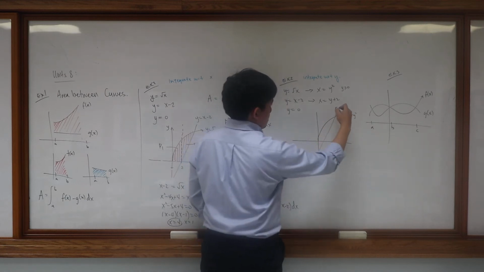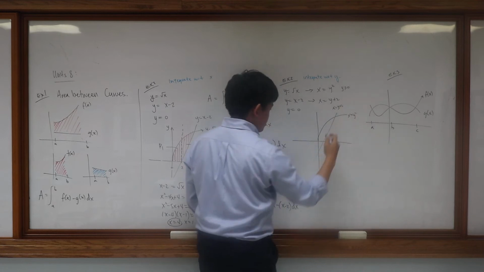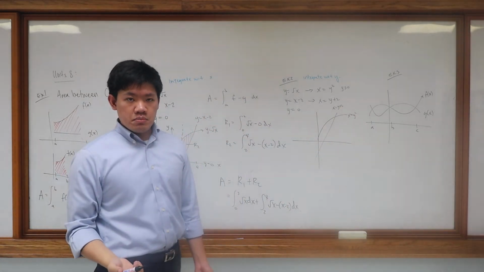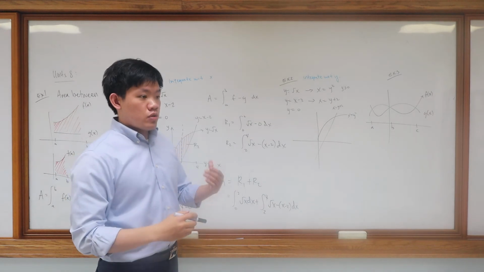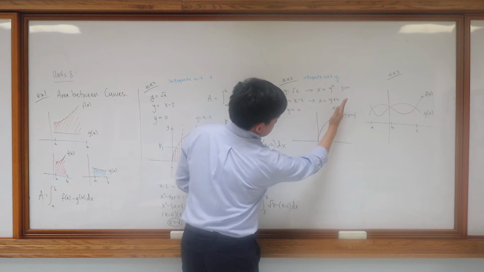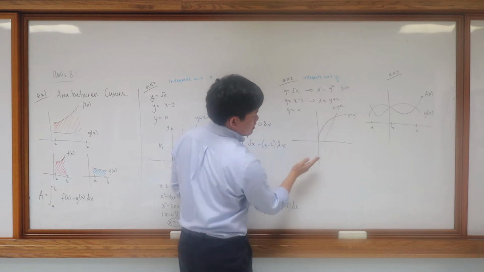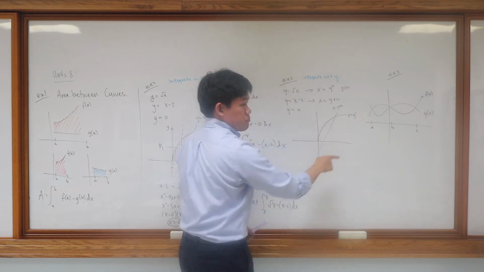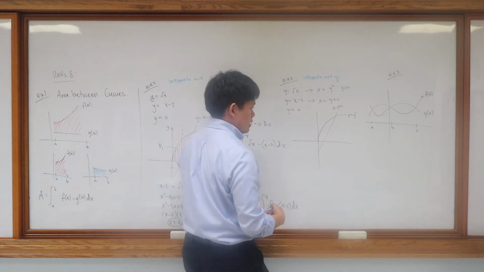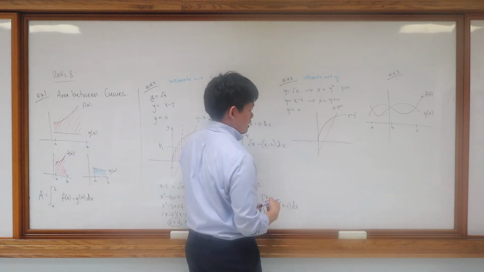And this one is x is equal to y plus 2. Now, how do you determine which function is on top? So what I'm going to suggest is turn your head 90 degrees to the right, look this way, and this is always going to be the one on top. The one thing about this is x is going positive. So x is taller, just think of it as becoming my y. So in that case, this is my function, and that's what I get.